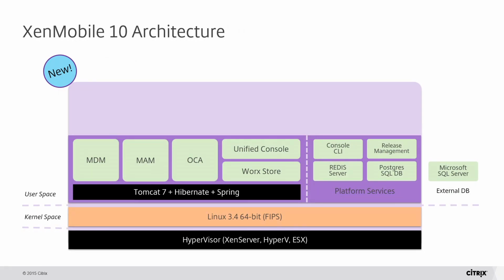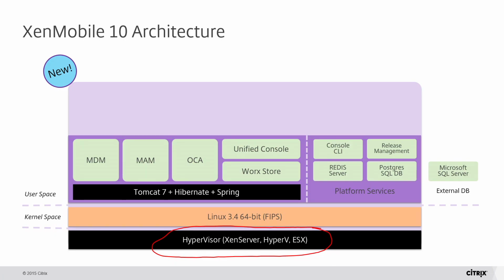Now, with XenMobile 10, we have essentially changed all of that. We have actually unified both solutions into one single instance, into one single virtual machine. And what I would like to point out is, again, we still have a virtual machine. It actually runs on most common hypervisors: VMware, XenServer, Hyper-V.